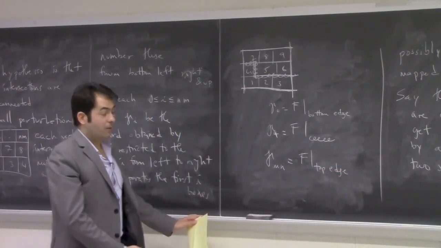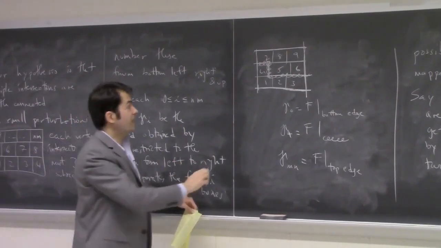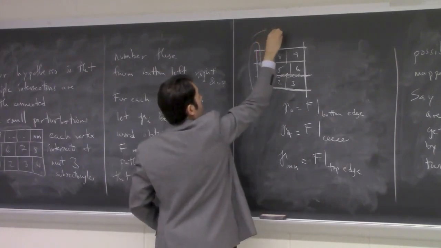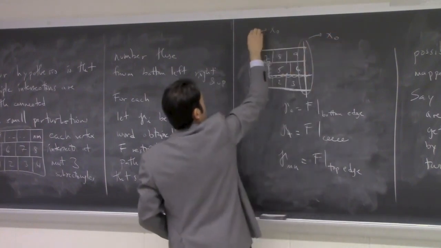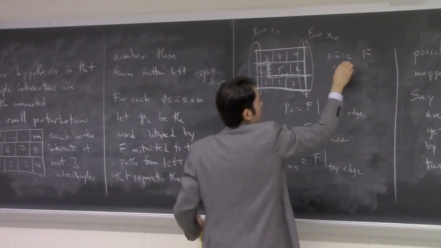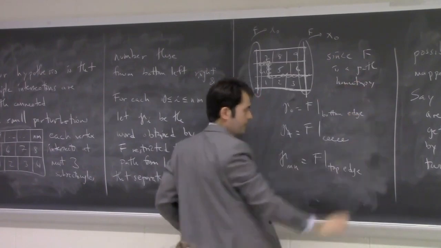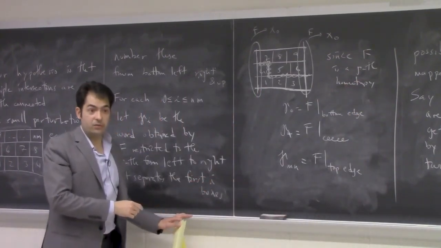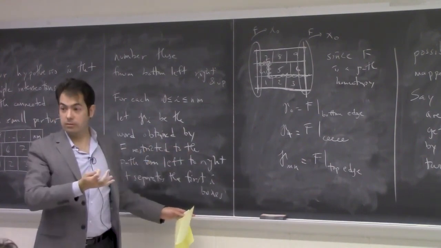Okay? Now, because f is a path homotopy, it sends all of the left edge to x0 and all of the right edge to x0. All right. So each of these gammas is a word, an allowable word. Right?